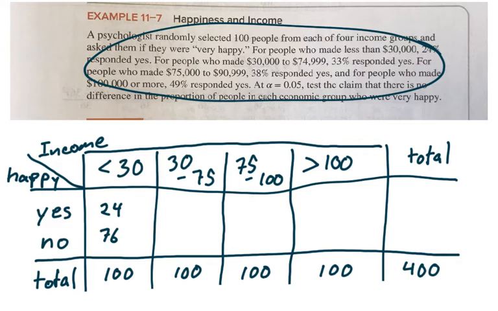And so 76 individual people would have said no. Similarly, here we had 33 in this category, so that means 67 no's, 38 happy, and what's the difference? 100 minus 38, come on, you can do this, okay, is 62. I was talking to myself there. I have trouble with subtract sometimes. And here we had 49% happy and 51% not.